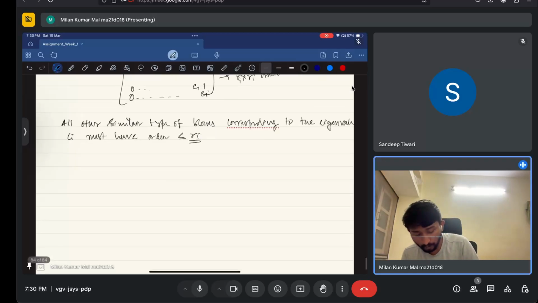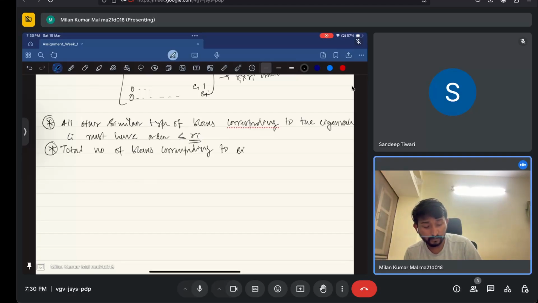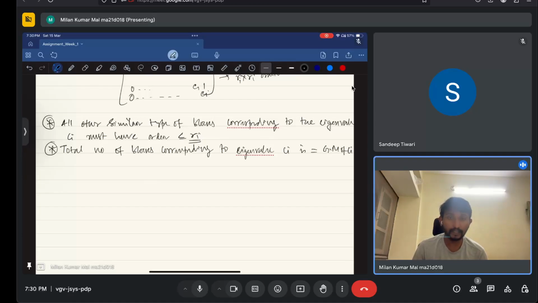And the total number of blocks corresponding to the eigenvalue Ci is equal to the geometric multiplicity of Ci. That means the dimension of the eigenspace corresponding to Ci is the number of blocks.